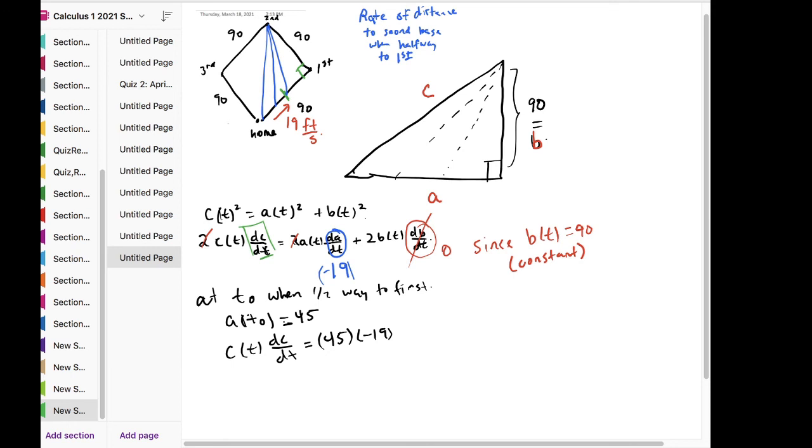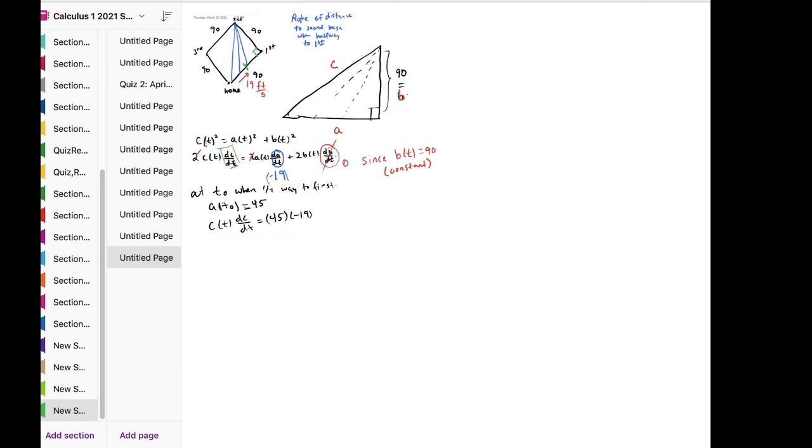What's c(t)? Now we've plugged in t naught, that's why there's a t naught here. What's c(t naught)? How do you find it? Pythagorean theorem: c squared is equal to a squared plus b squared.